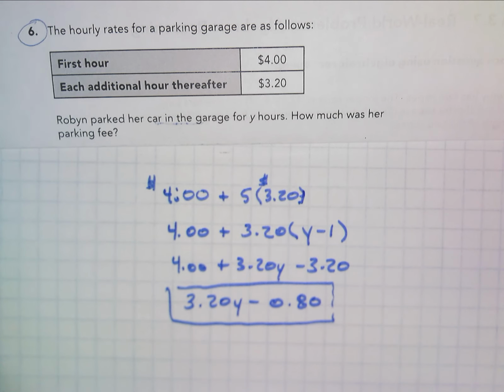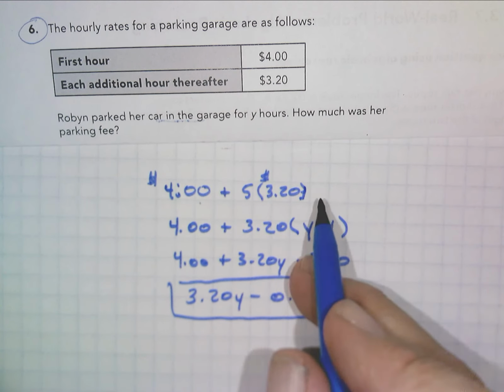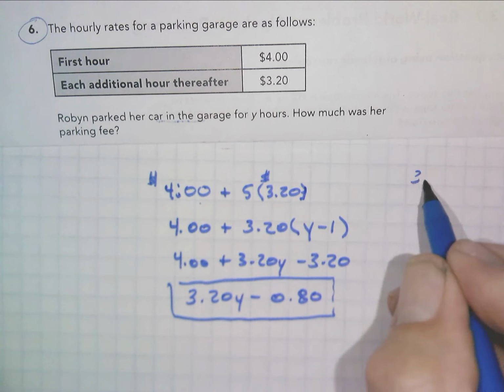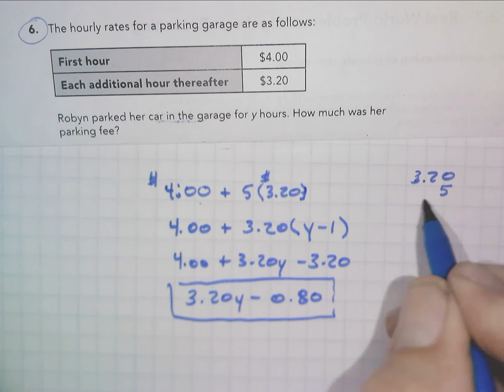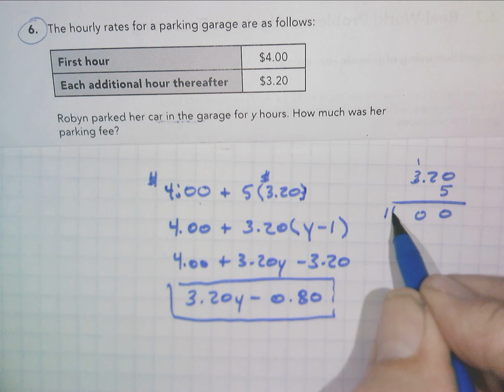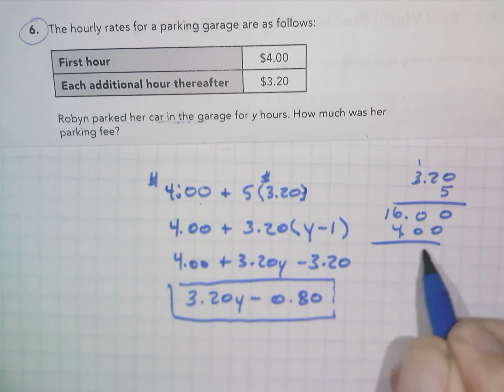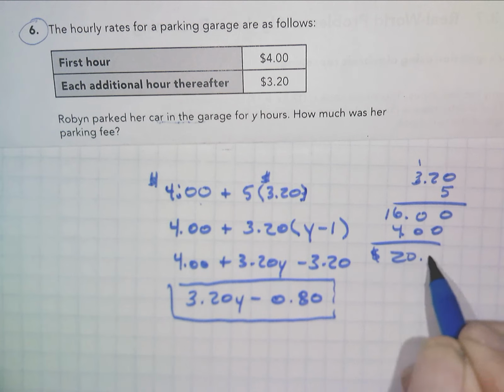And if I can do it without a calculator, let's figure out what this is. Let's make sure they're equivalent. 3.20 times 5 would give me 0, 10, 15, $16 plus the $4. So it would cost $20 to park for 6 hours.